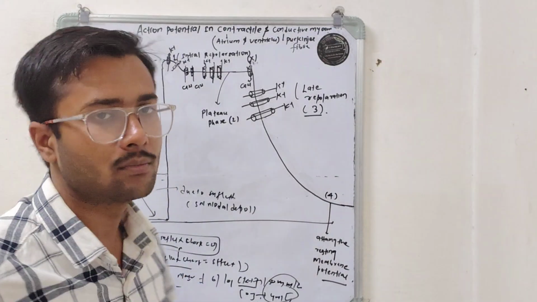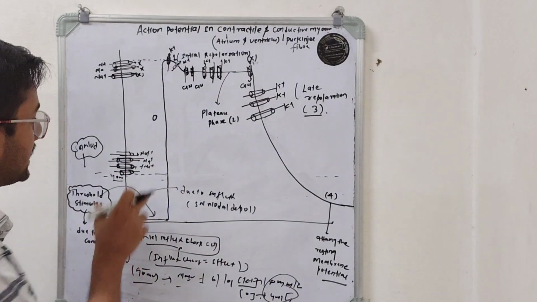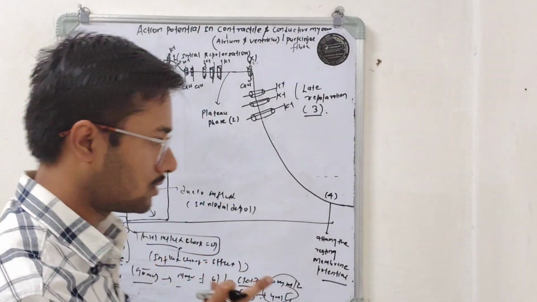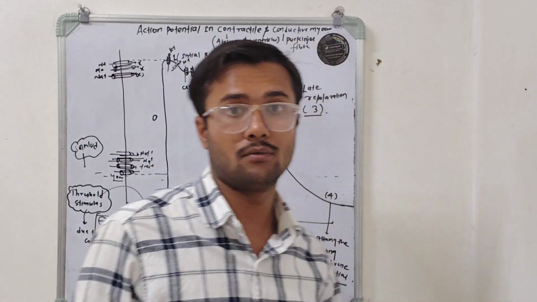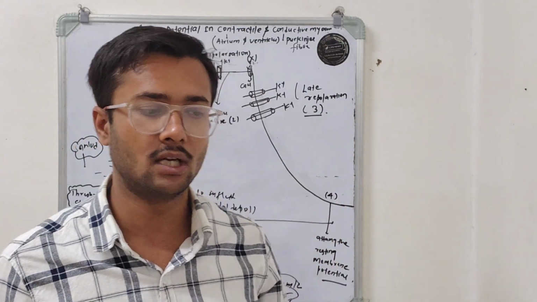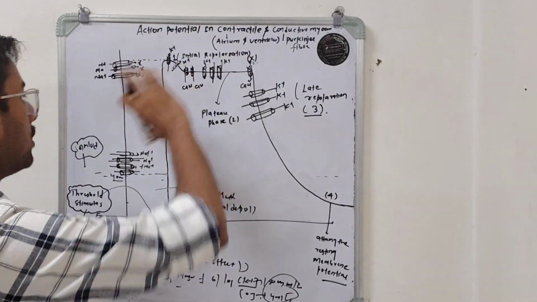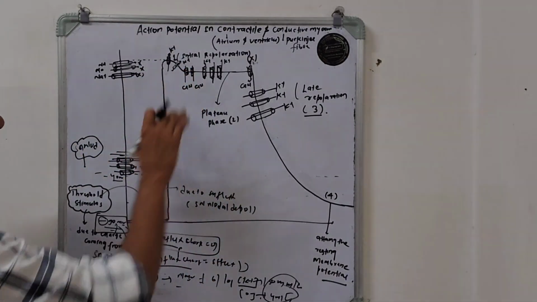So at this minus 40 millivolts, what happens? There is the opening of voltage gated sodium channels. So due to the opening of these voltage gated sodium channels, the change in membrane potential is maintained.